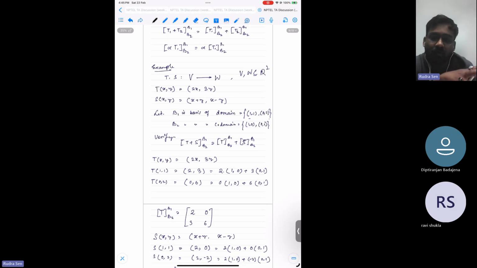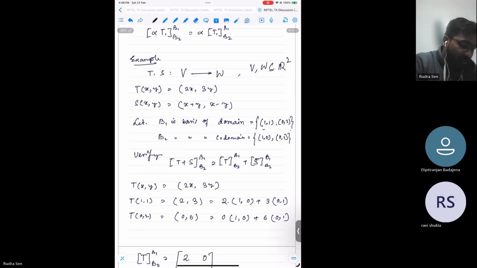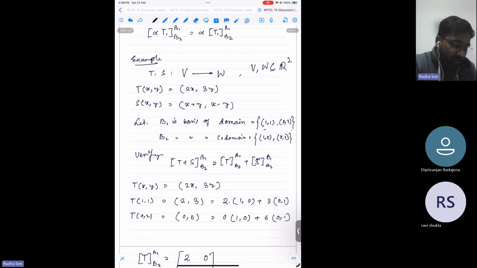Both exist in R2 space, but they are different spaces, not the same space. Now I'm taking a value from V, and the basis for that domain space is (1, 1) and (0, 2).